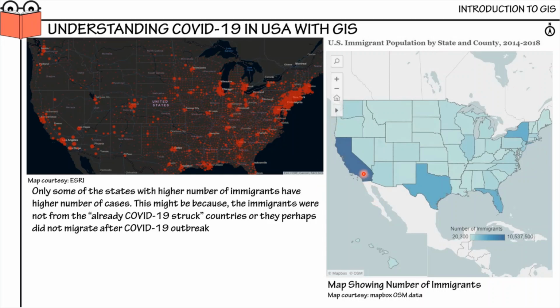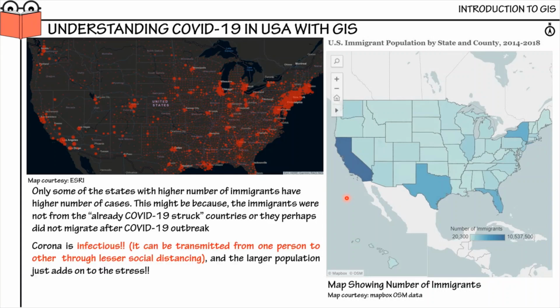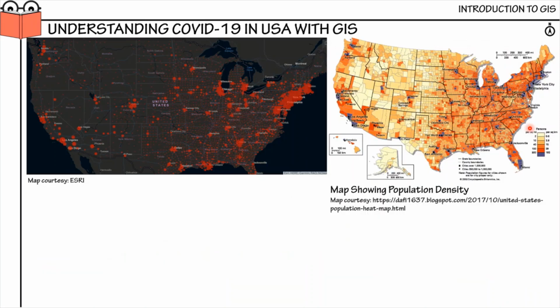The other reason, we all know corona spreads due to lesser maintenance of social distancing. So one reason could be larger population. Perhaps people migrated from different COVID struck places to New York, which is extremely densely populated, and probably this caused a bigger outbreak. So let's look at a population map.